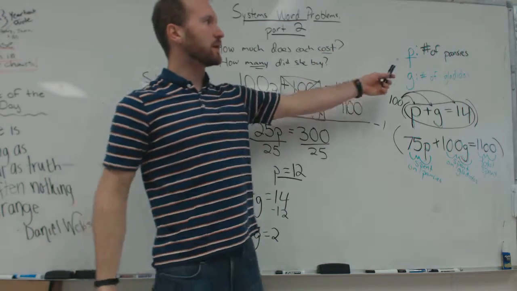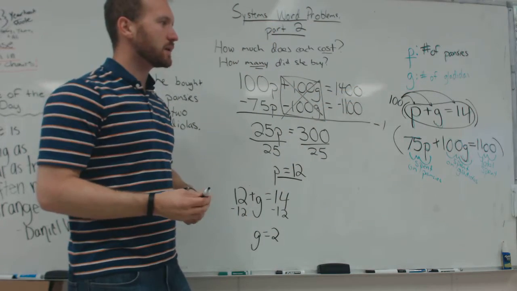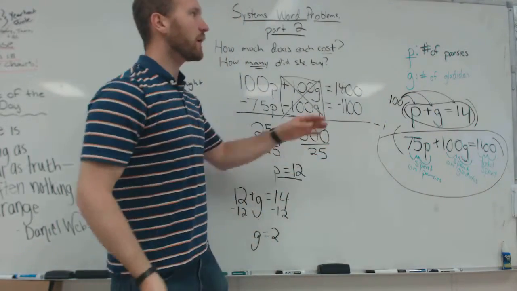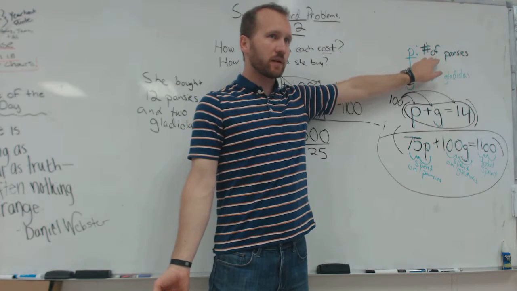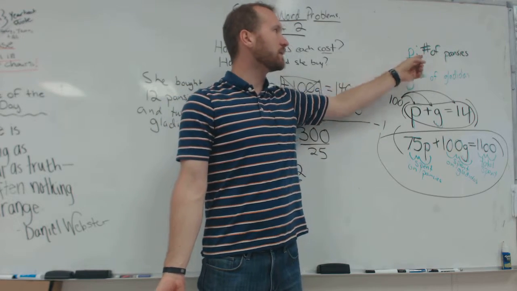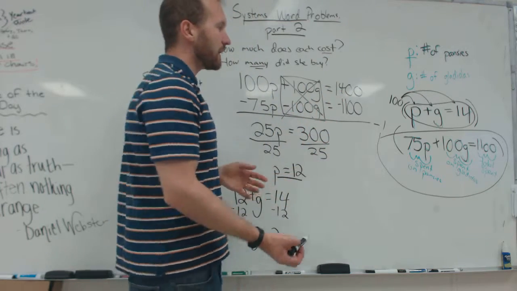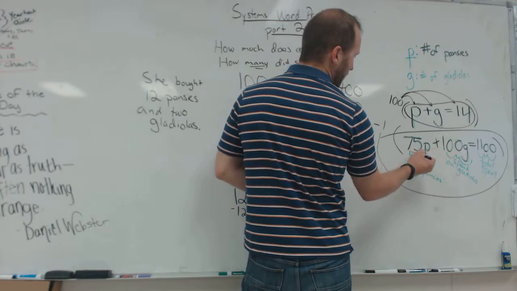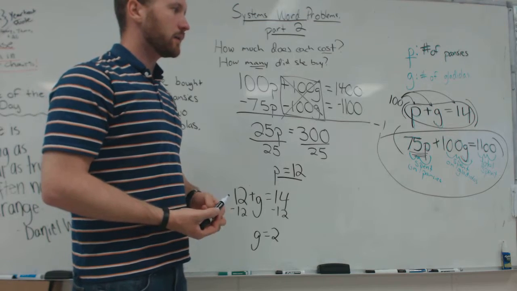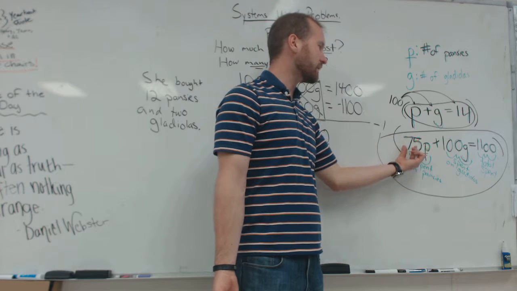We set up our variables like this, the number of pansies. And the real key to these problems is this equation right here. When we have the variable as the number of something, and we're told how much it costs, so P is the number of pansies, and each pansy costs 75 cents, we write that into the equation as 75p. 75p represents that a pansy costs 75 cents.